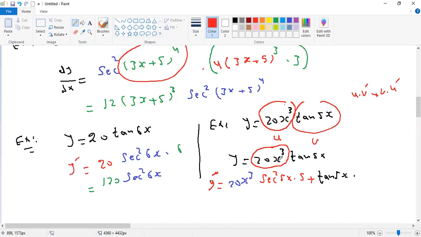So the derivative is 60x squared. Be careful. Don't multiply 5 with 5x. 5 is multiplied by this one, not the angle.